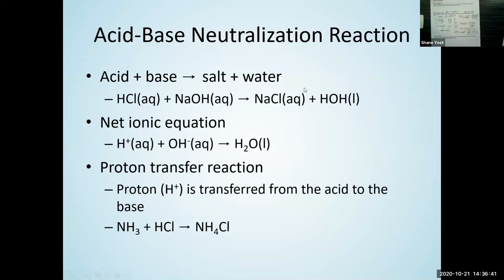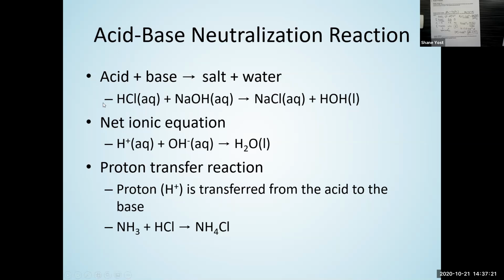In the acid-base chemistry that we're talking about in this course, in chapter 16 as well as in chapter 17, we have 2 types of acid-base chemistry going on. We have equilibrium reactions established between weak acids and conjugate bases, and then we have our acid-base neutralization reactions, where I have some acid reacting with some base to form some salt plus water.